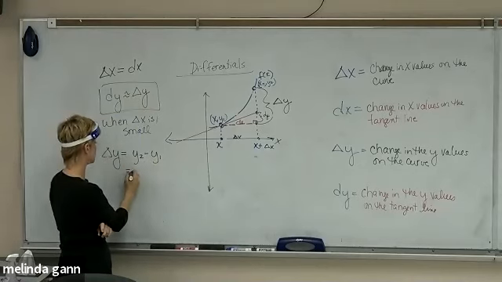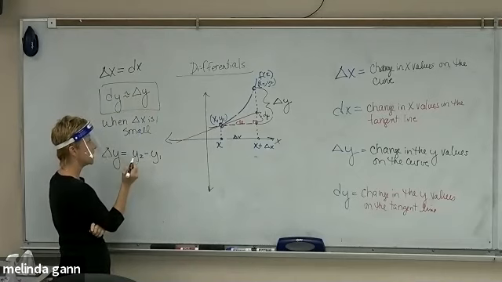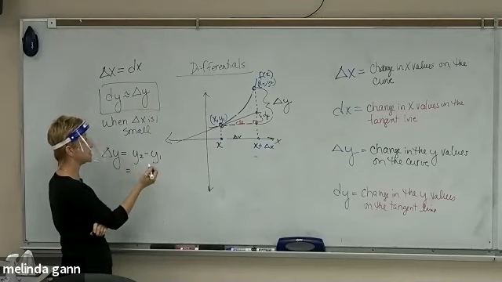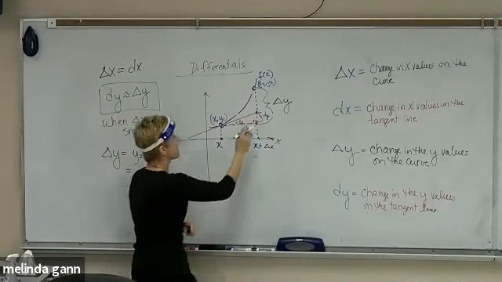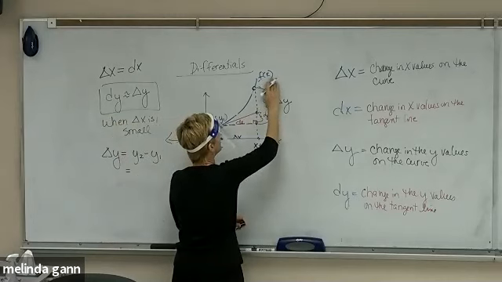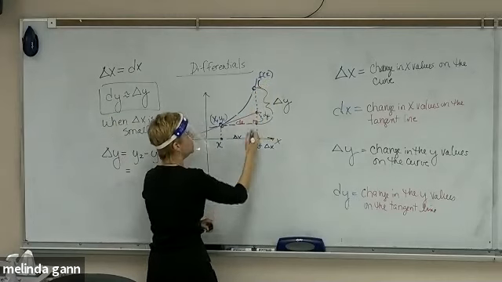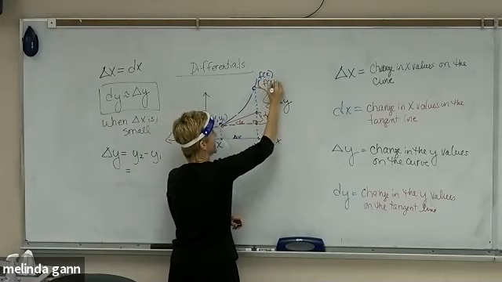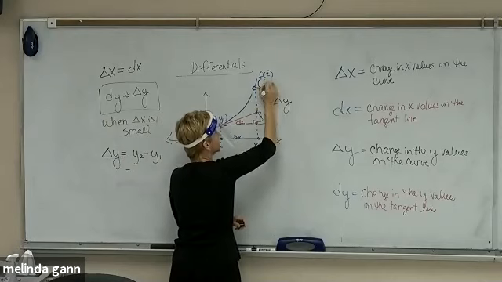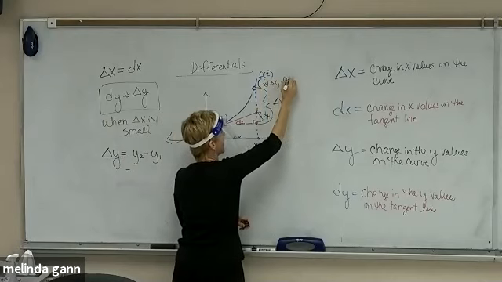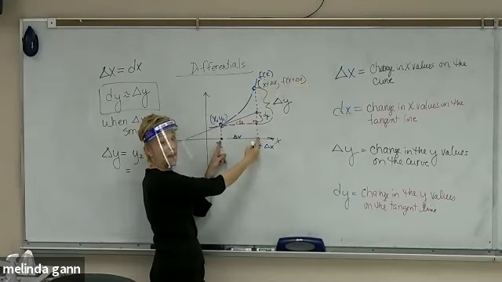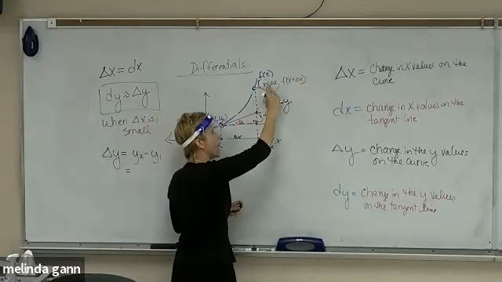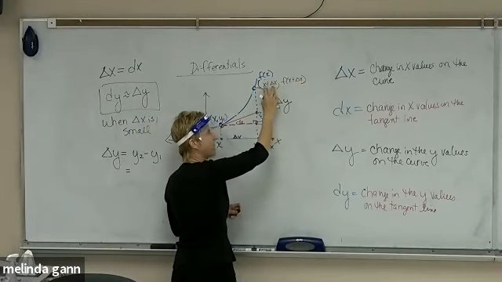Now, let's go back for a second. Instead of putting x2, y2, I'm going to change it a little bit. Instead of putting x2, couldn't I say x plus delta x, and then f of x plus delta x? In other words, if I'm going to move over delta x, isn't that how I would find x2?